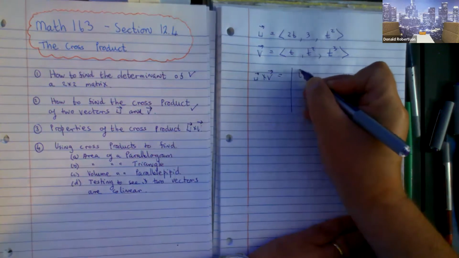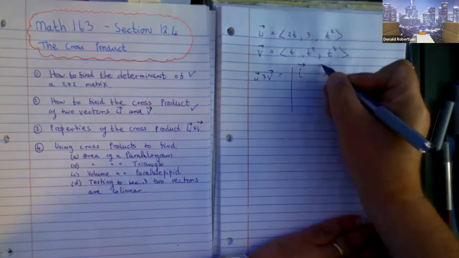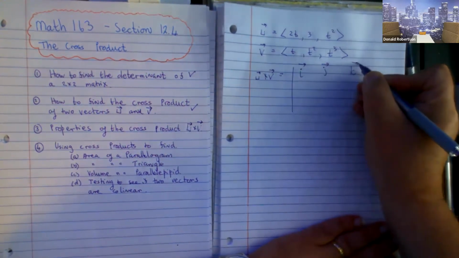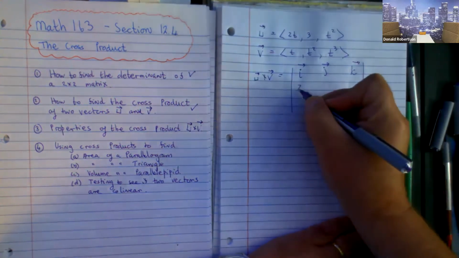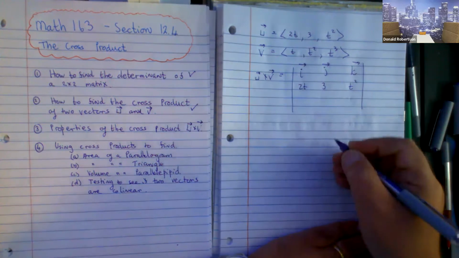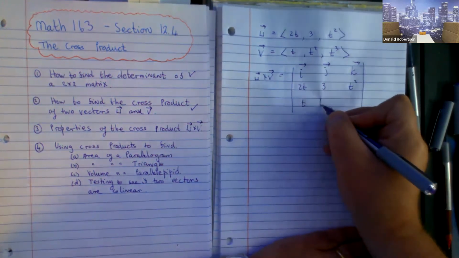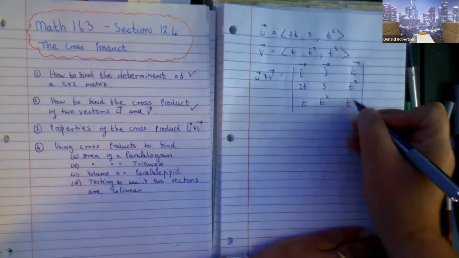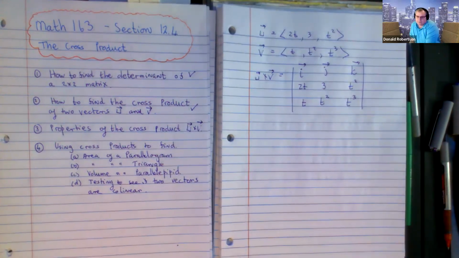So we have an i, we have a j, we have a k. And this guy is 2t, this is 3, and this is t squared. And this is t, and this is t squared. And finally, this is t cubed. Would that be, I hope, the way you would have tackled this question if it just appeared out of nowhere?